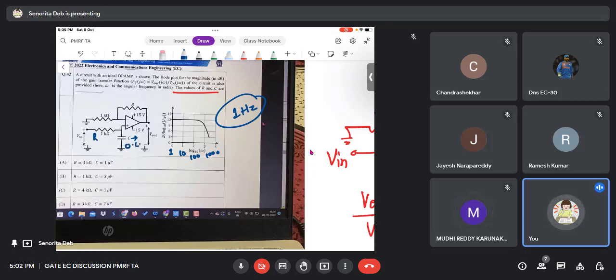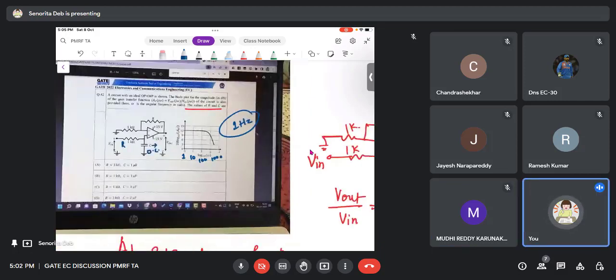So it is a kind of approximation we do. Is this fine? This is a good doubt he asked. This is 1 hertz, right? But we take 1 hertz as 0 only, that is fine. That is a kind of approximation we do while solving circuits.